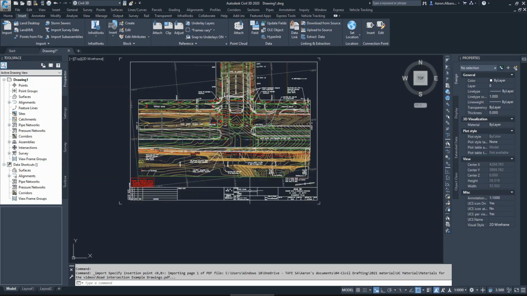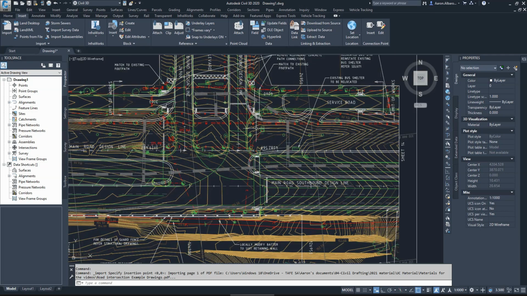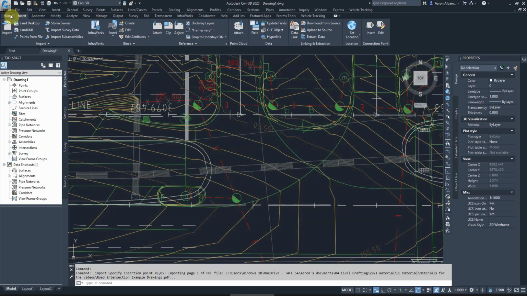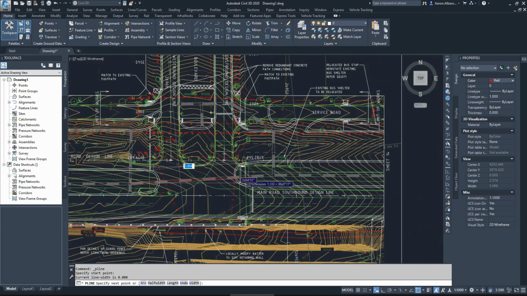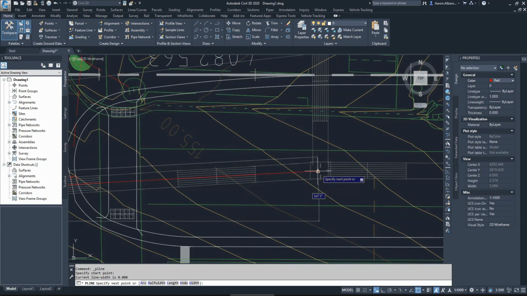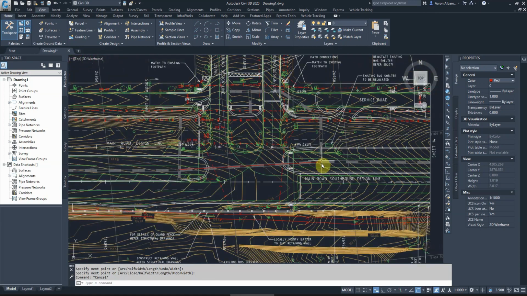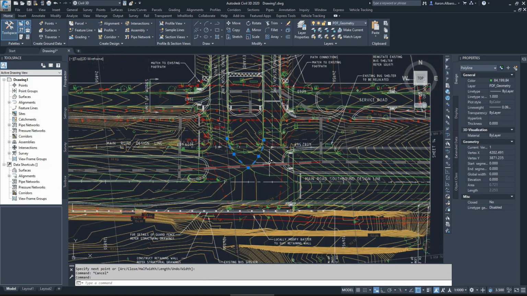Now, if I measure anything here, for example, let's say they ask us about this pipe from this point here all the way to that intersection point there. Let's say this is what they're asking us, the red part.